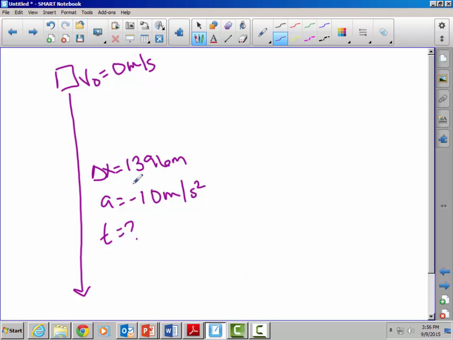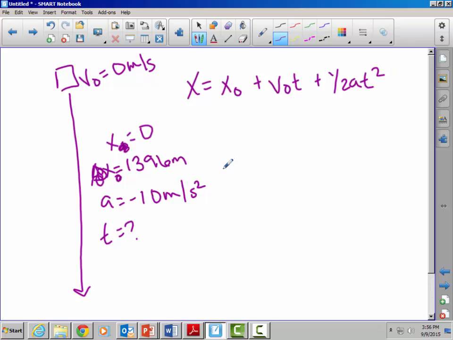So again, our initial position would be 1,396. Sorry, this is our initial position. Our final position is 0. My bad. Okay. x = x naught plus v naught t plus 1/2 a t squared. Your final position is 0. This is the formula we want to use.